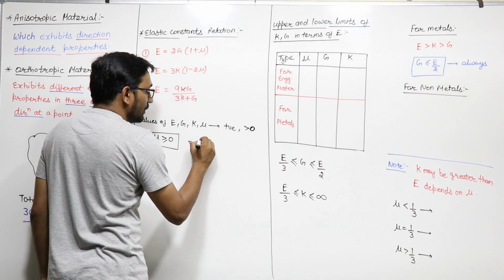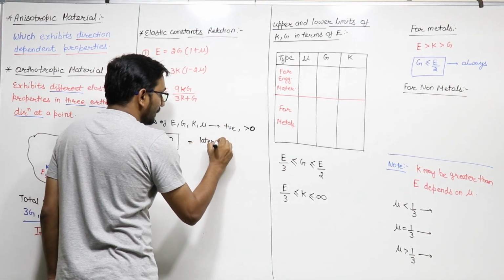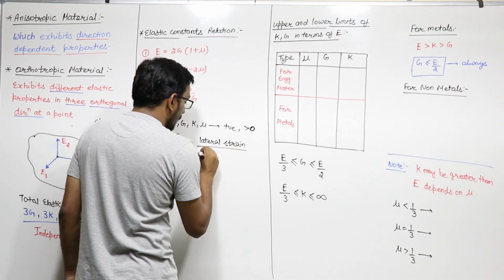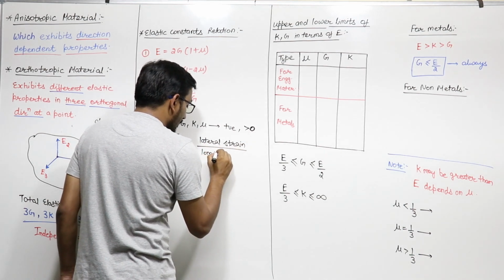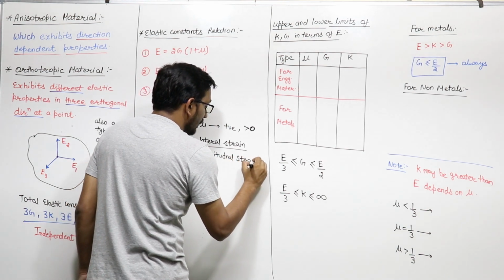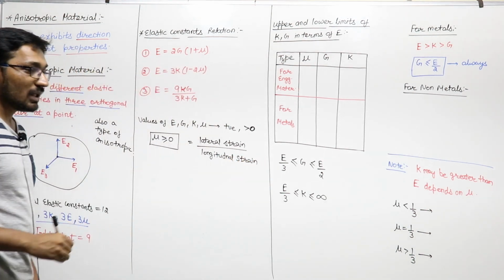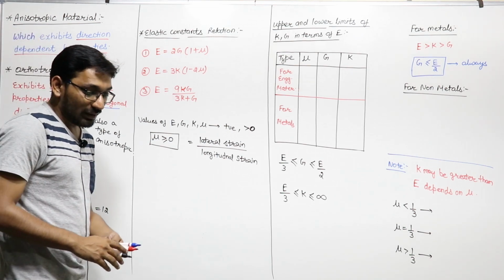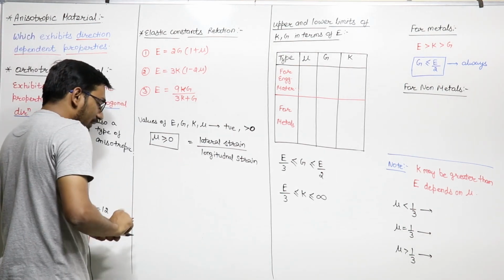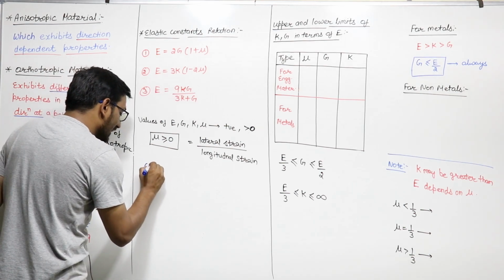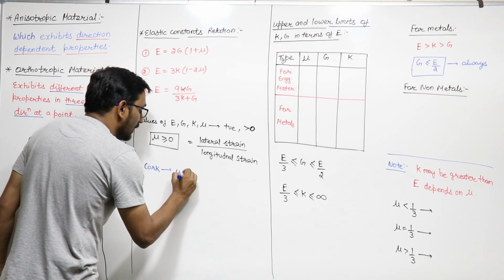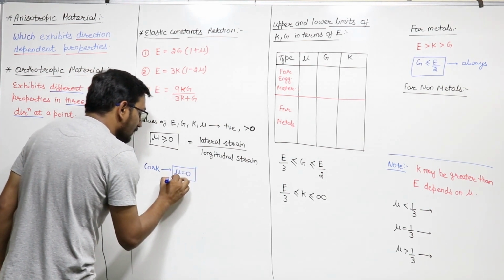What is the value of mu? That is the lateral strain upon longitudinal strain. This is the formula of mu, and mu will be greater than or equal to 0. Cork is a material for which the value of mu will be 0.